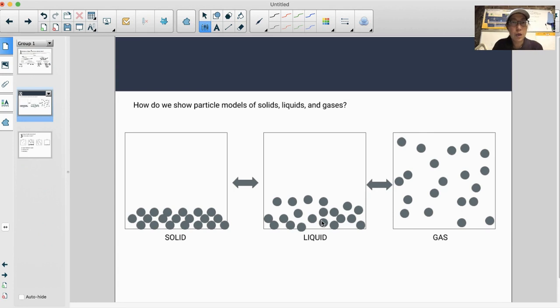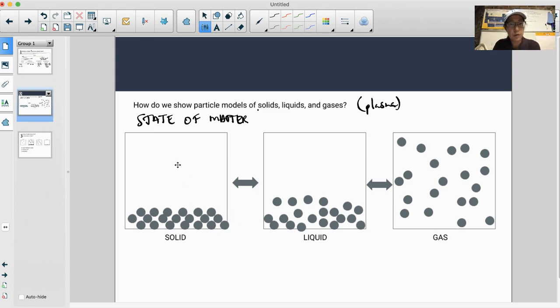Now, the other way we can classify matter is by looking at the state of matter. So the state of matter can be solid, liquid, or gas. We do have a fourth state of matter, which is called plasma, but we will not deal with that very much in chemistry, at least in this first class. We can also draw particle diagrams that show the state of matter.